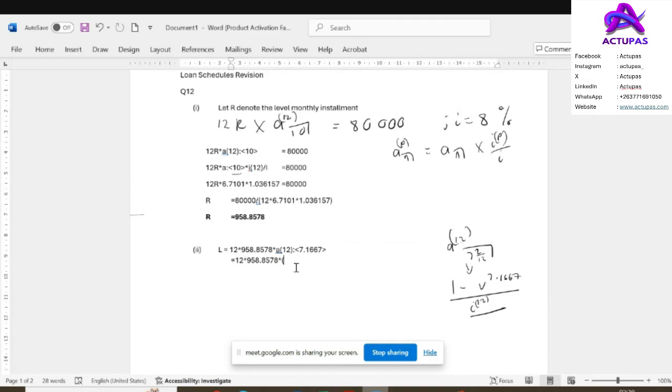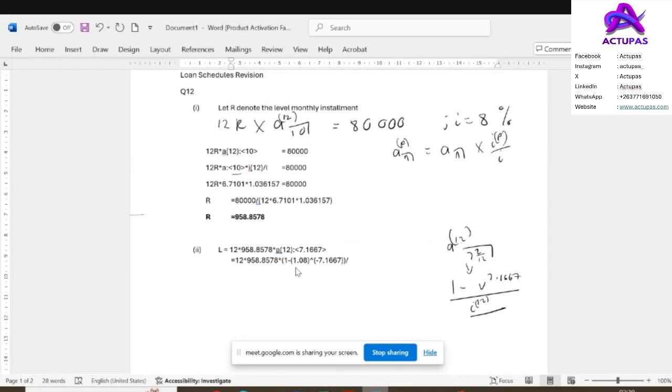All right, this is 1 minus V, which is 1.08 to the power negative 7.1667, then close all brackets, divided by your I12.